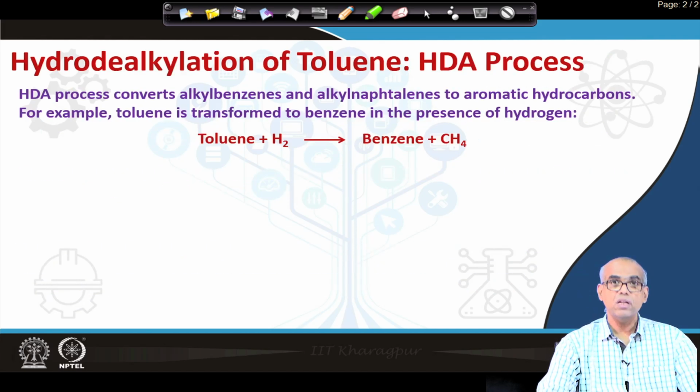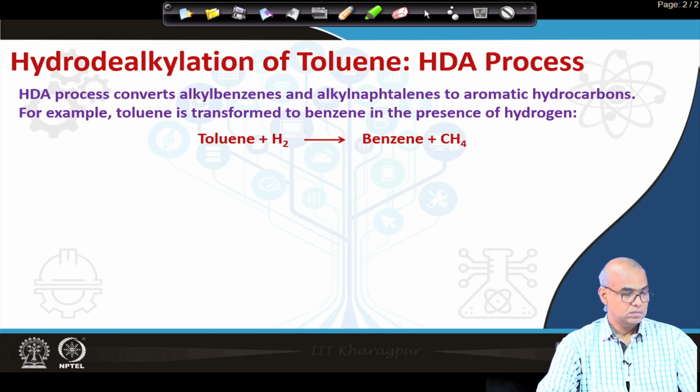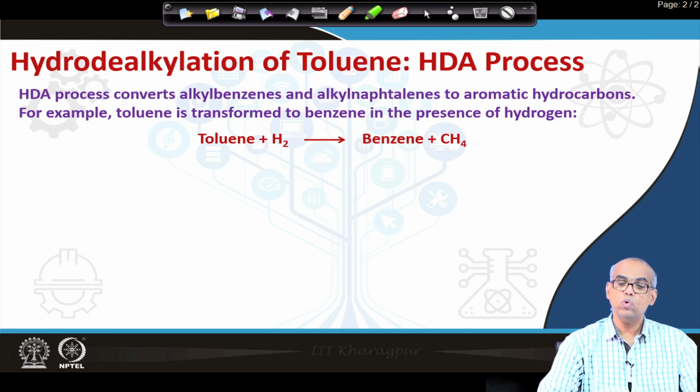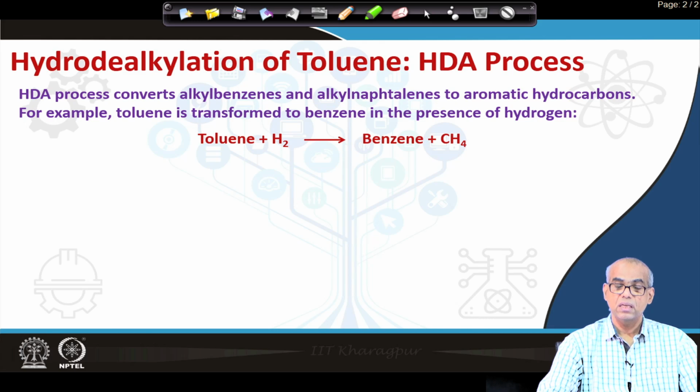So, let us now talk about hydrodealkylation of toluene, HDA. HDA process converts alkyl benzenes and alkyl naphthalenes to aromatic hydrocarbons. For example, toluene is transformed to benzene in the presence of hydrogen.